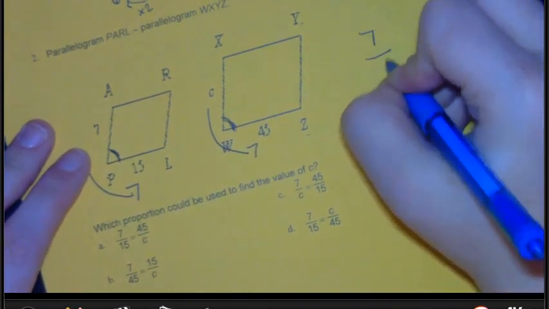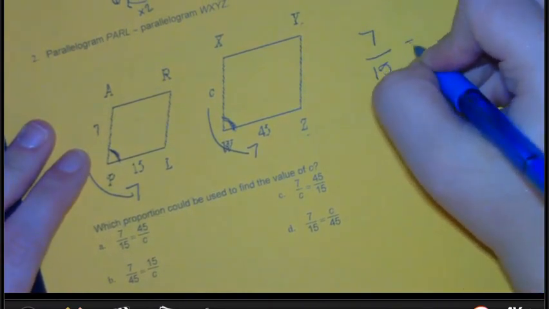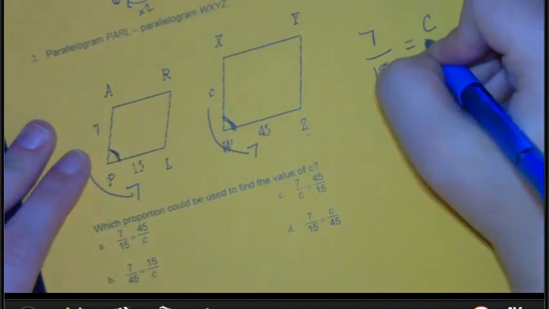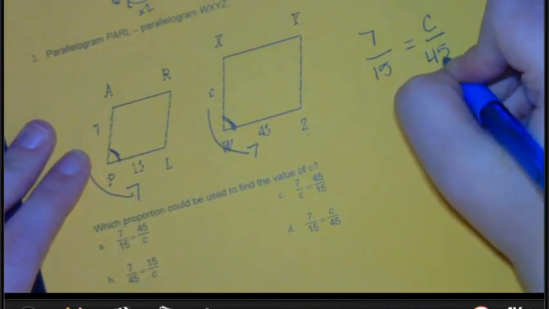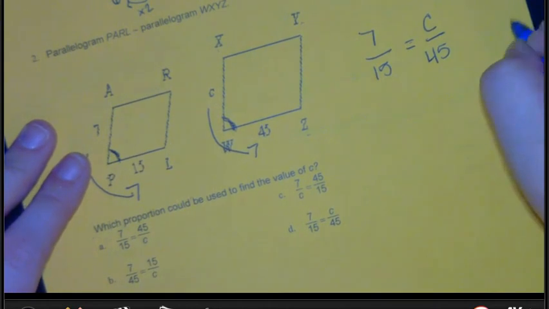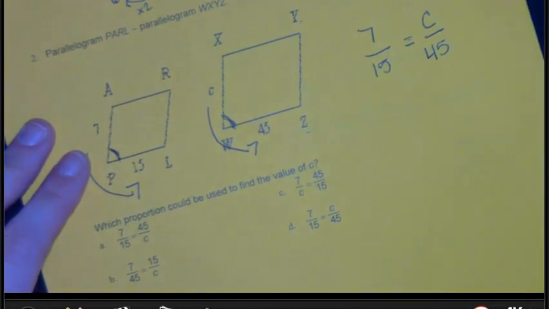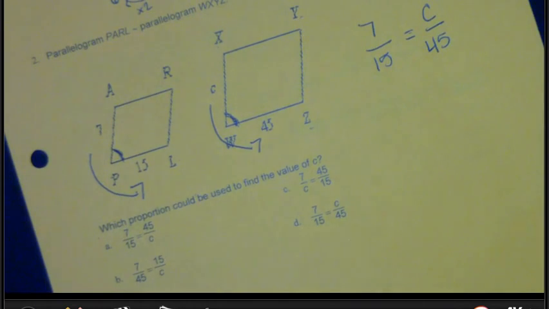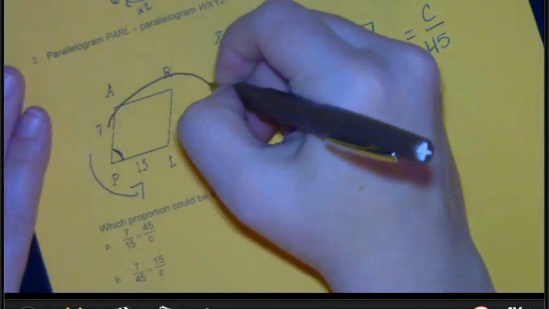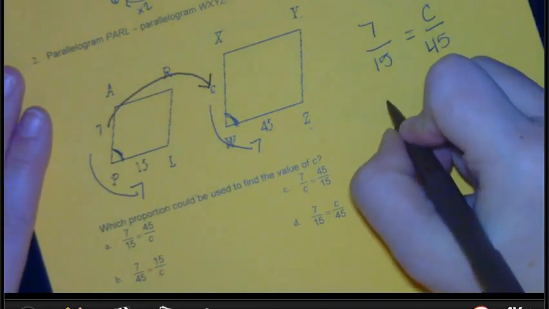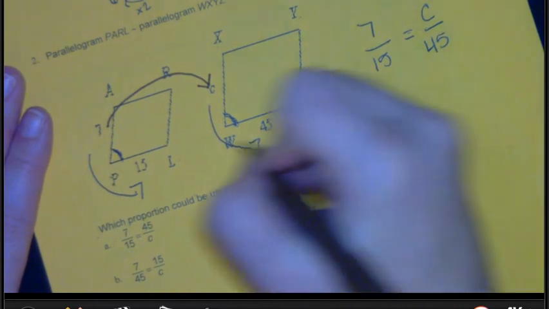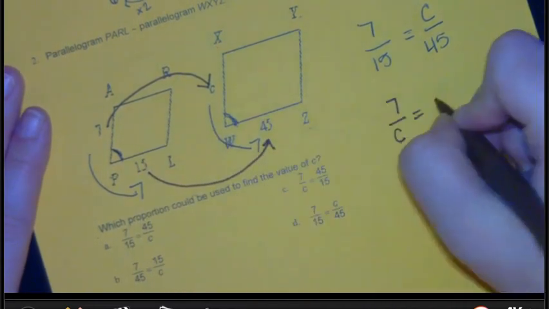Within, I'm going to start with 7/15, and 7 is corresponding to C, so I'm going to have C/45. The other option is using the between method, where I go in between my 2 parallelograms, and I'm going to have 7/C is equal to 15/45.